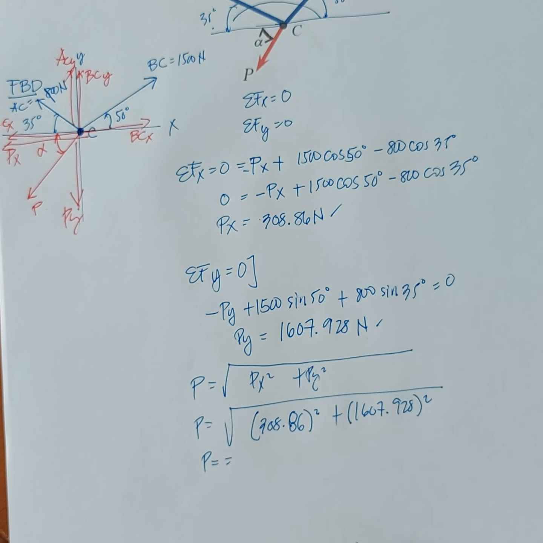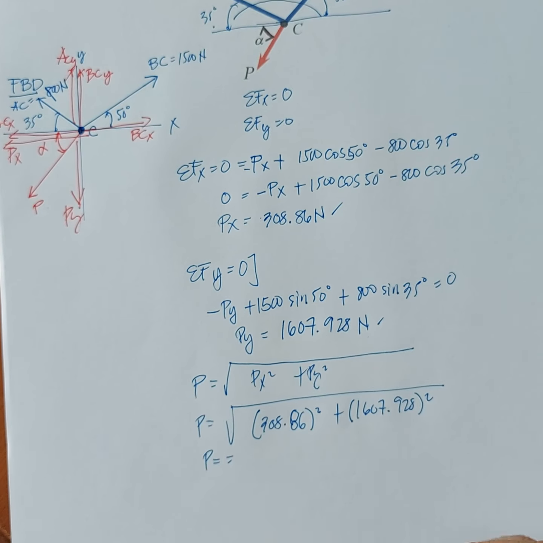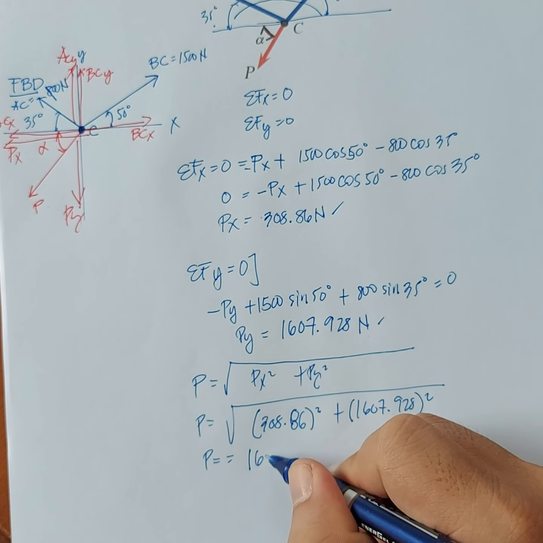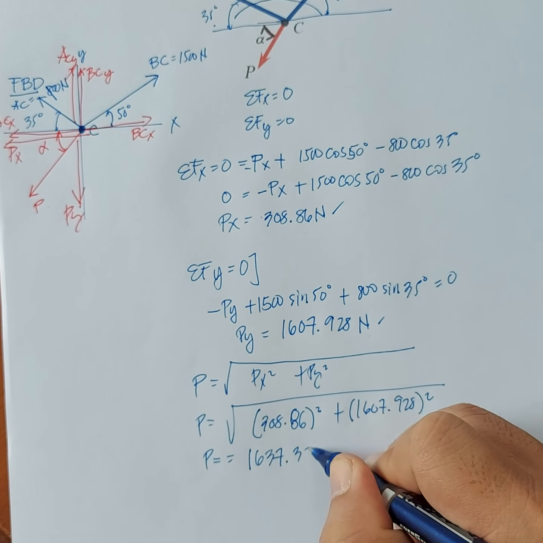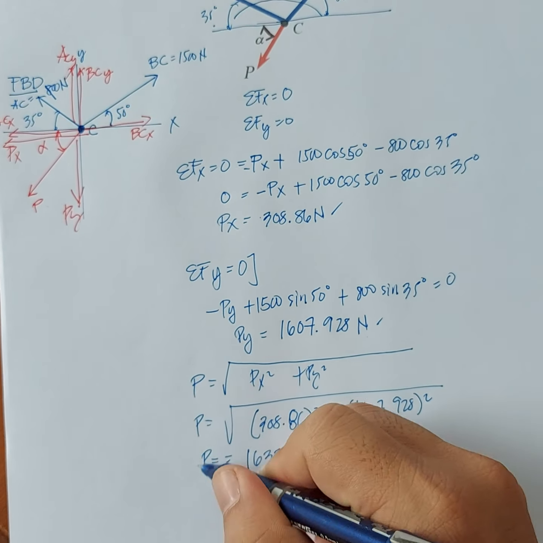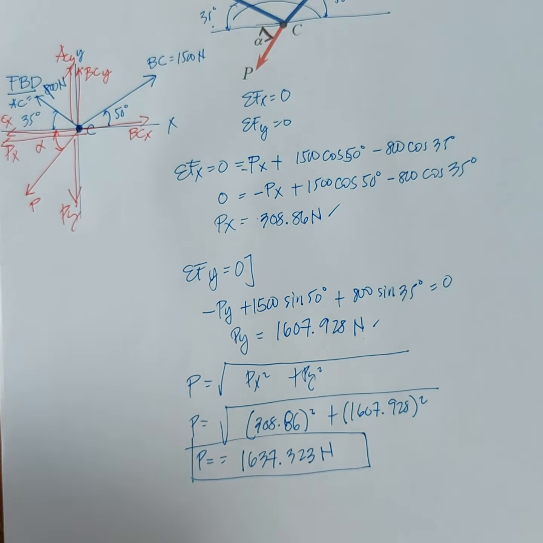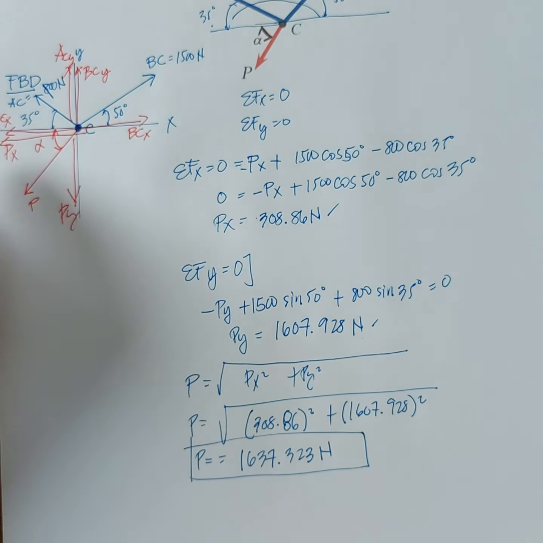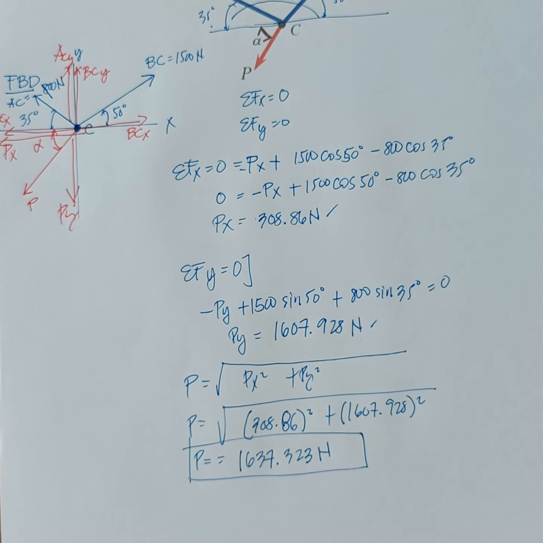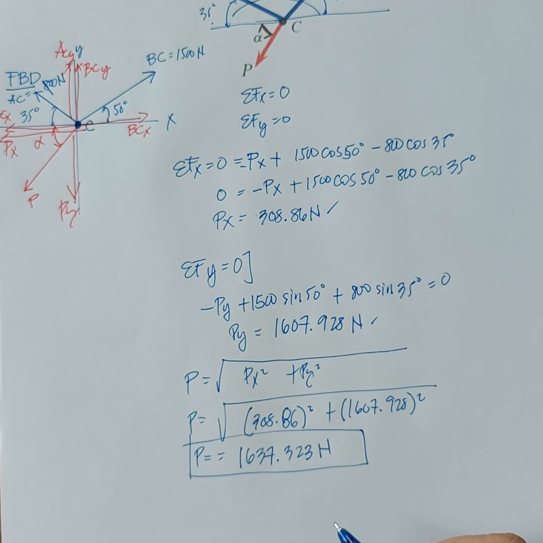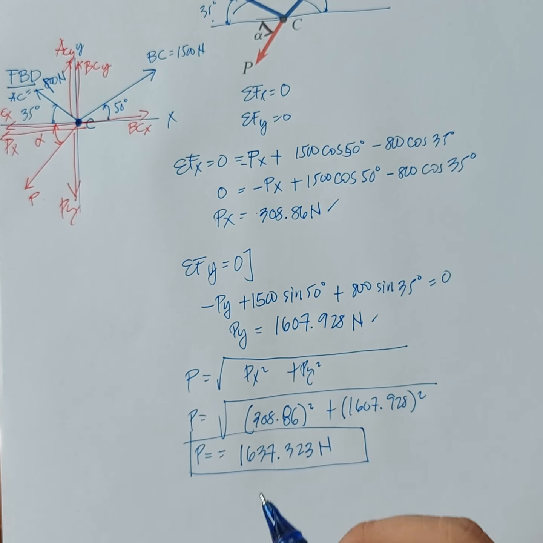So what is P? 1637.323 newtons. So that is the value of P, and then we can solve for alpha, the direction of P from the negative x-axis, using tangent function.